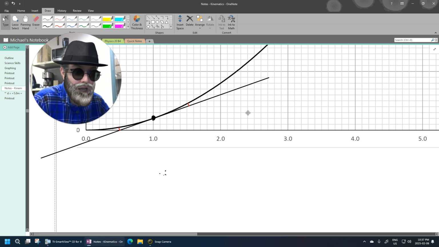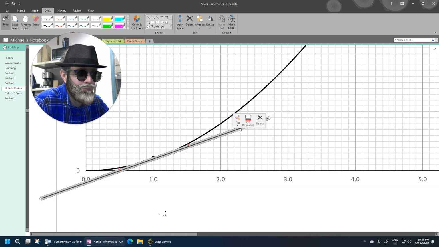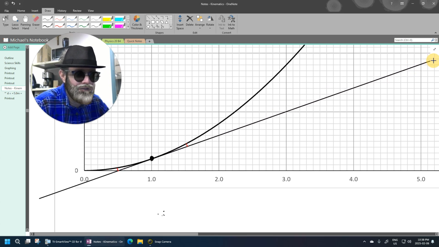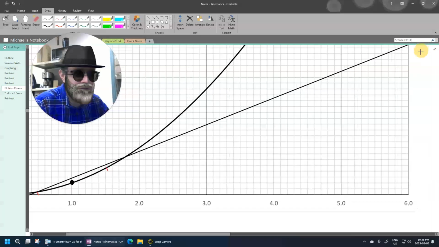Once we have a good line, you're not going to have just this one tiny little itty-bitty line. You're going to draw out this line as long as you can.